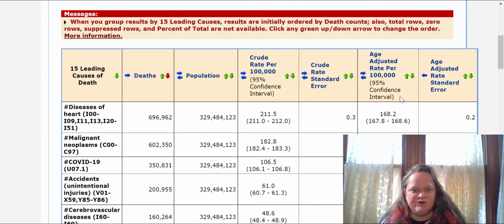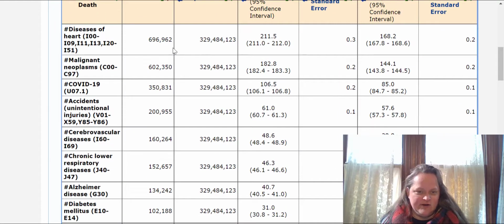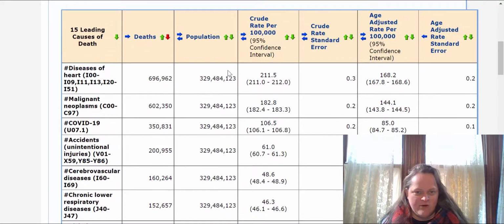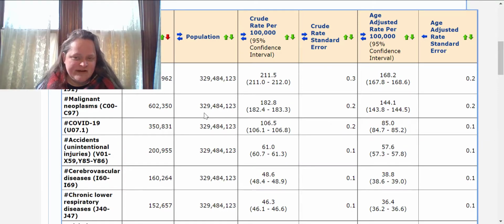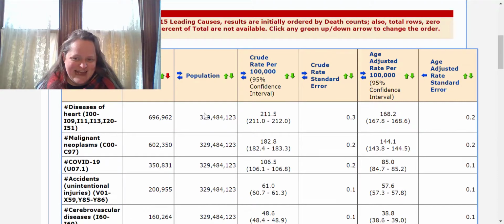The crude rate, remember, is just the number of people who died divided by the population. So the rank ordering for the crude rates is going to be exactly the same as the rank ordering for the number of deaths because of that. That is not necessarily the case for the age-adjusted death rates, because the age-adjusted death rates are a weighted average where you do it by age grouping.